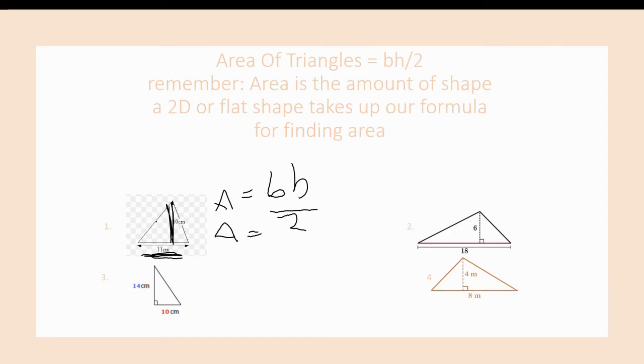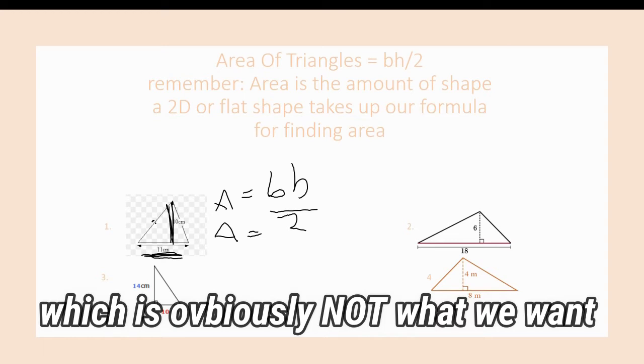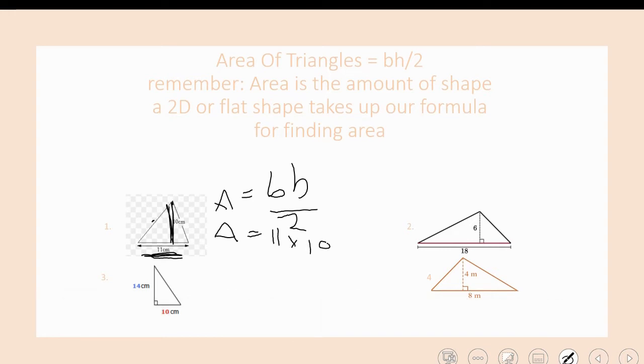But if you pick the one from here, for example, it'll measure half the shape, which is obviously not what we want. Okay, so as we said, 11 is the base and 10 is the height. So in total, it will be 110.